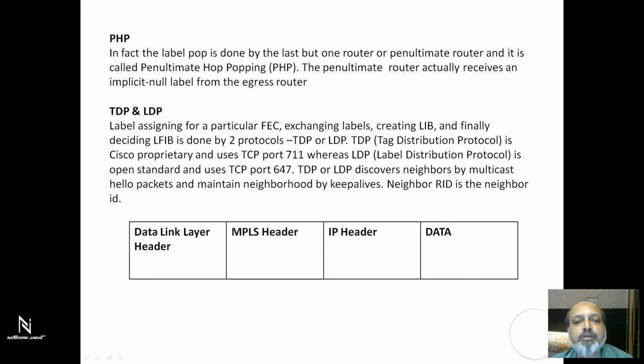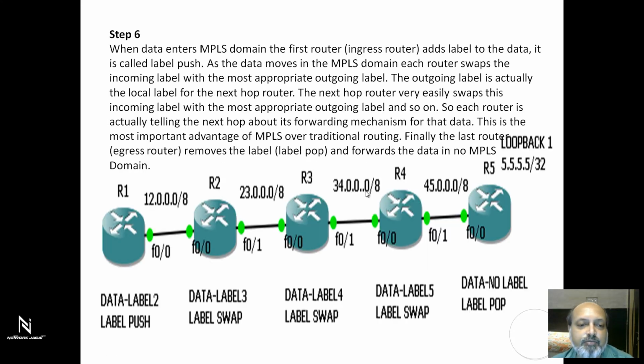Now, coming to this particular area: TDP or LDP discovers neighbors by multicast hello packets and maintains the neighborhood by keepalives. So what is this? Once again, if you consider this picture, suppose TDP is working between these two routers, R2 and R3. These two routers should consider each other as TDP neighbors. I think this concept is clear to you because all of you know about routing.